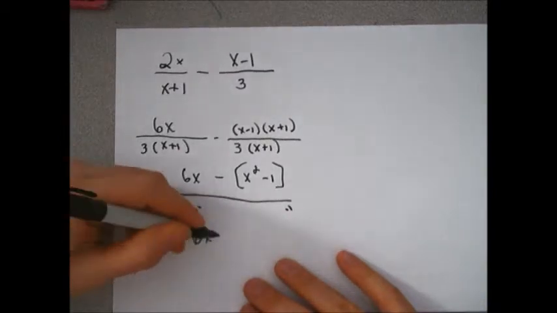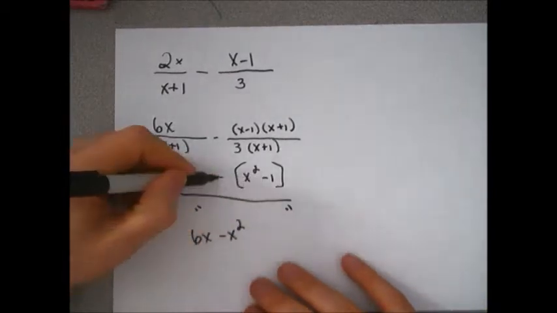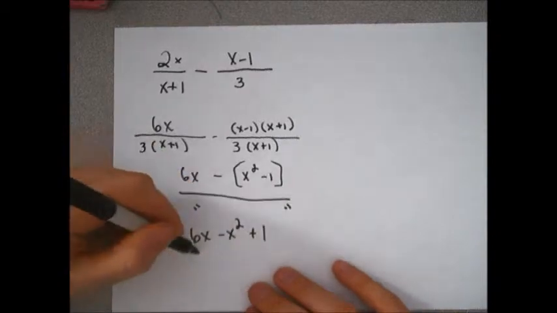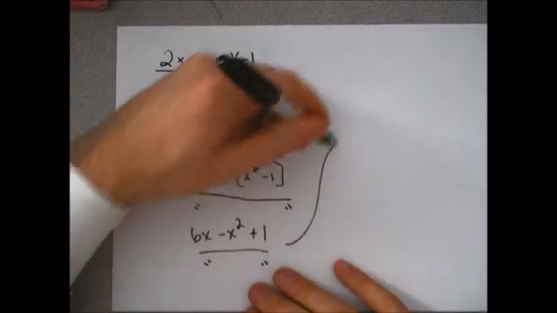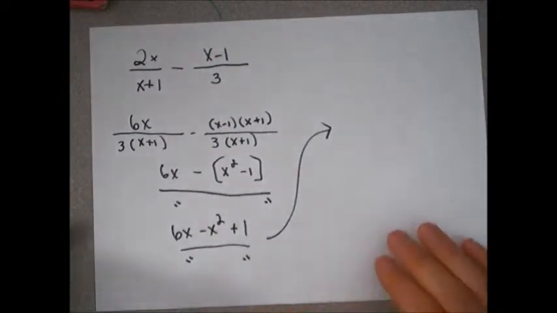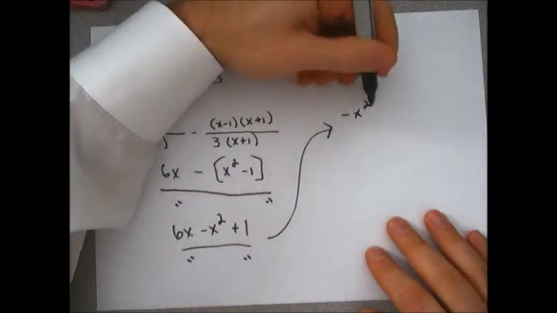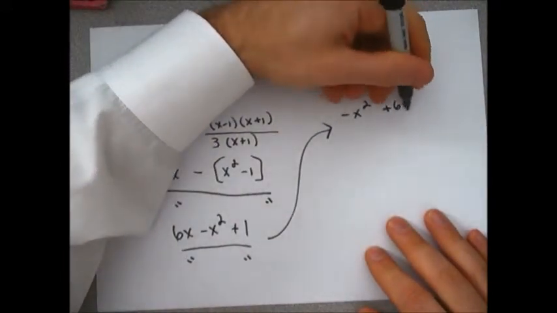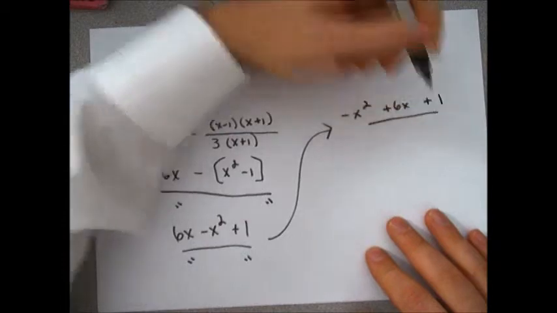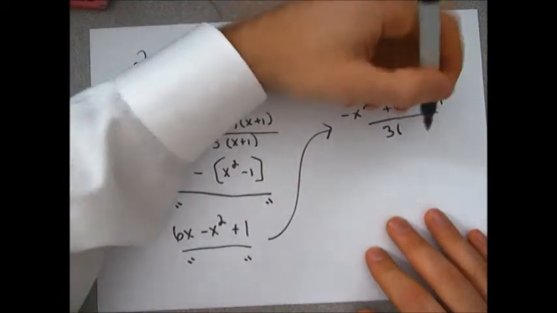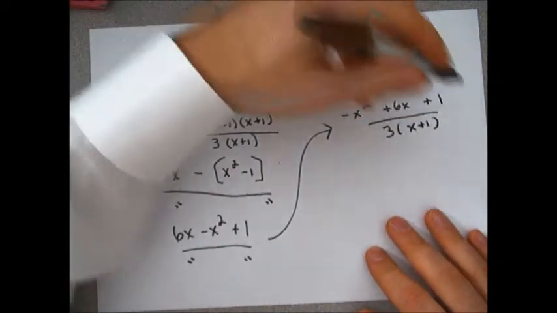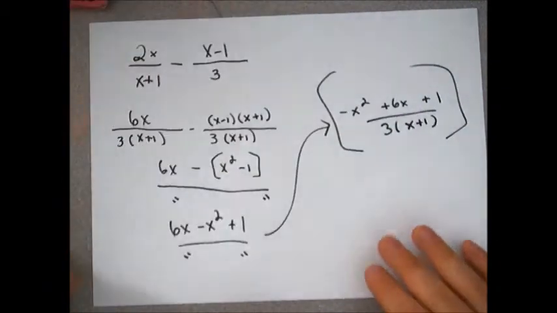So this is 6x minus x squared minus a negative is a plus. And then we want to rewrite this in descending order. So this should be negative x squared plus 6x plus 1 all over 3 times x plus 1. Okay?